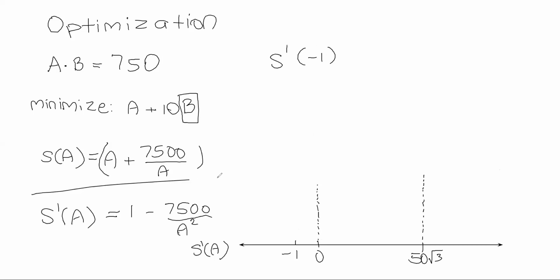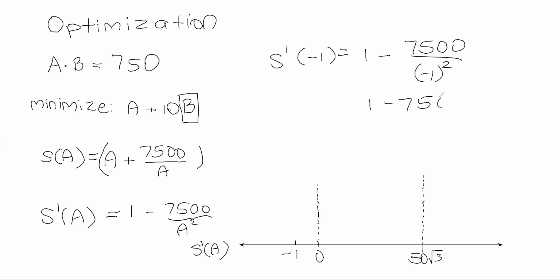So we have our s prime of a right here. So I want to just plug in -1 for a. So we get the following. We can see we have 1 minus a very, very large number, meaning that this is going to be negative.